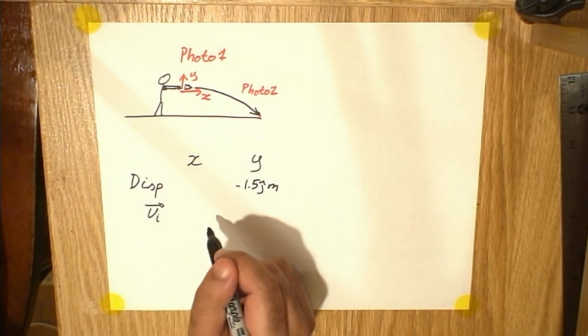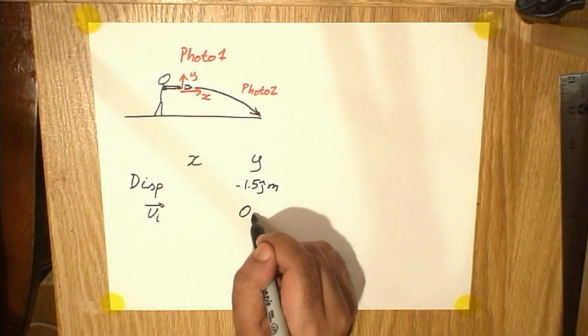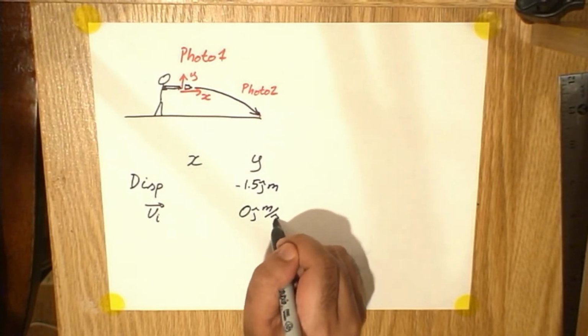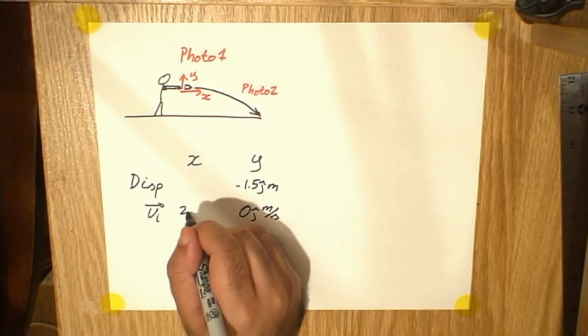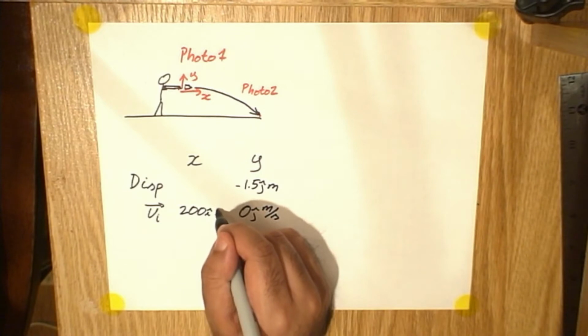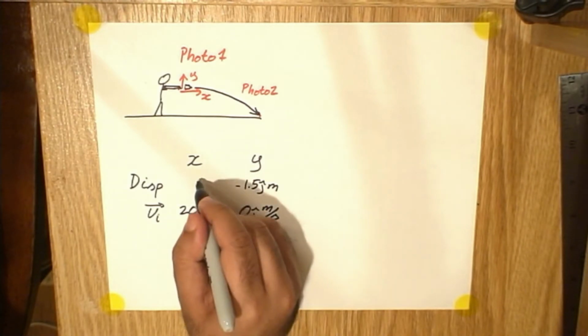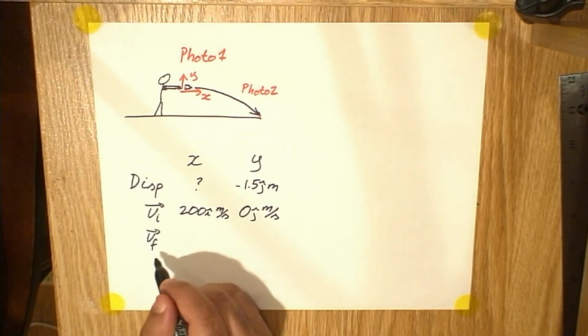The bullet was fired horizontally, so that means that the initial y velocity was 0. And we also know that it was fired at 200 meters per second. So the initial x velocity is 200 i hat meters per second. The final velocity is unknown.